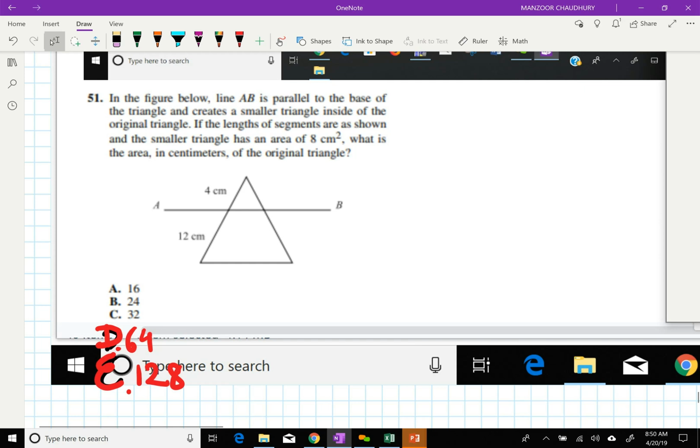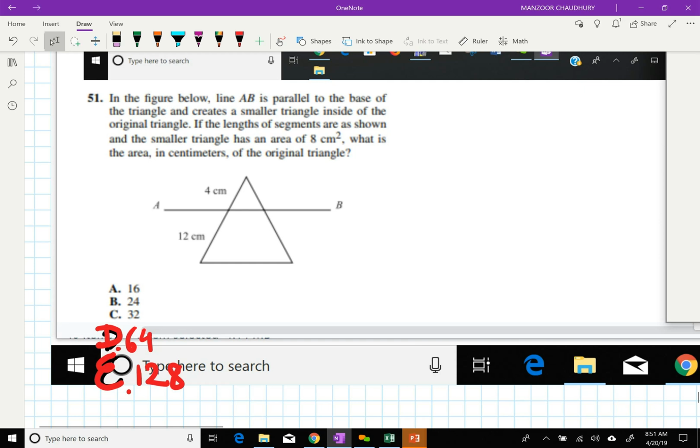So 8 equals 1/2 times base times height, and draw the height at 90 degrees.